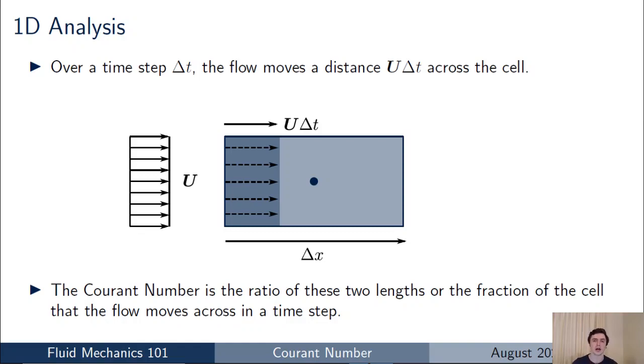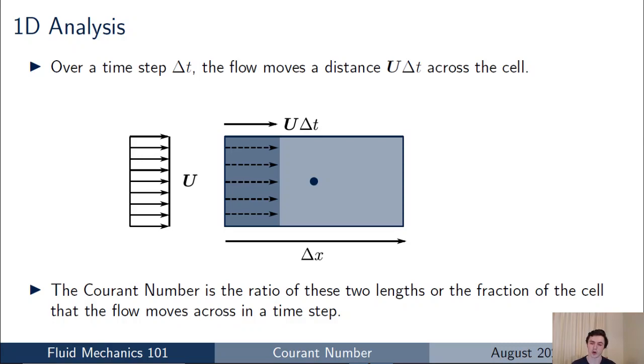So you can see that in our time step, the flow is going to move a distance of u delta t. And of course, the bigger the time step, the further that flow is going to move across the cell. Now, what the Courant number physically is, or the easiest way to remember it, is that the Courant number is just the ratio of the two lengths which you can see there in the diagram.